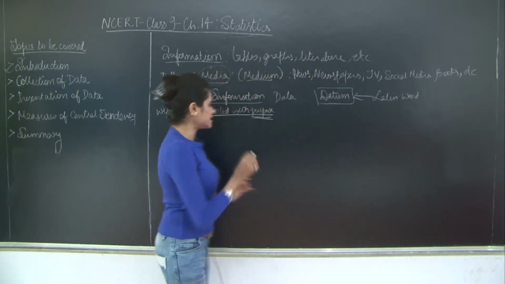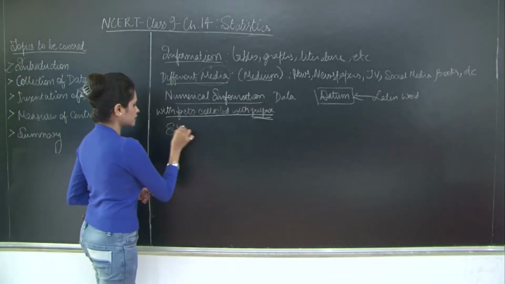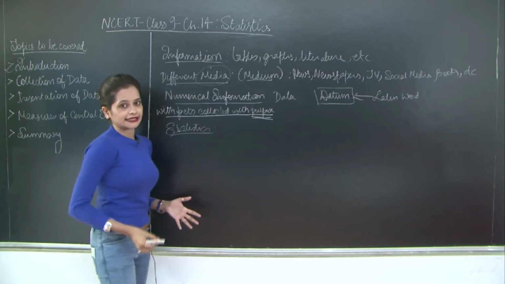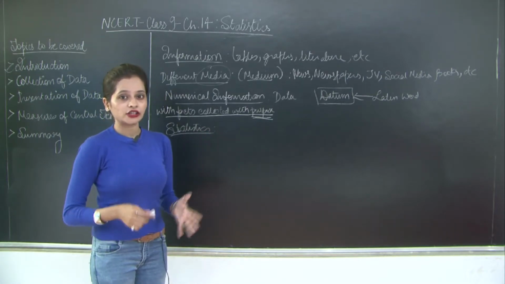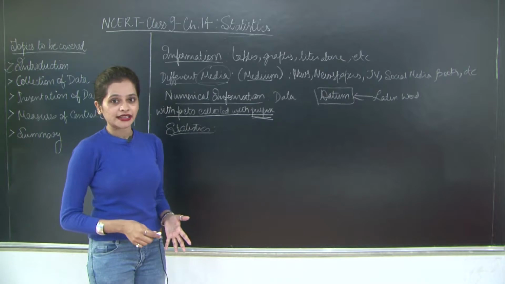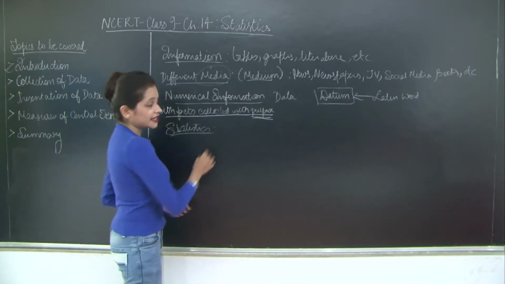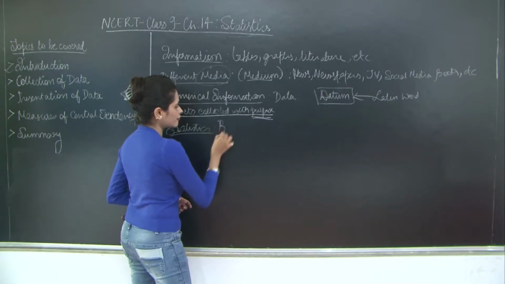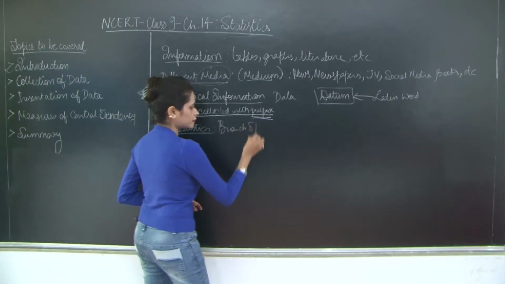So statistics, what is statistics? Statistics is a field of science, a branch of mathematics that deals with 4 basic steps. So it's a branch of mathematics.